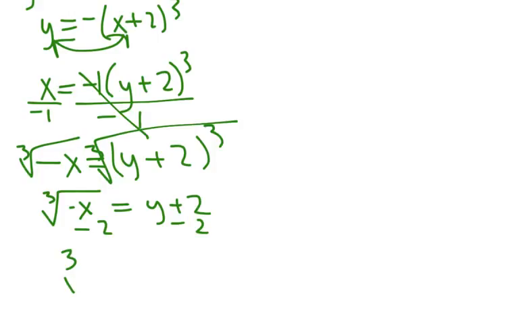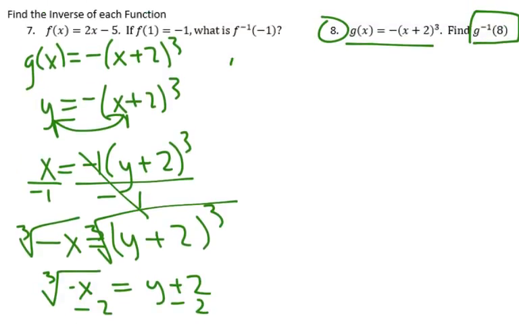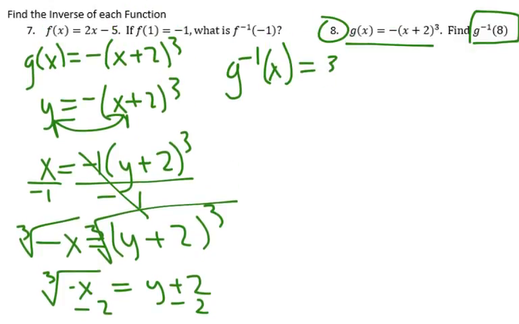So we get the cube root of negative x minus 2 equals y. So our inverse function would be, let's write it the correct way, g negative 1 of x would equal the cube root of negative x minus 2.